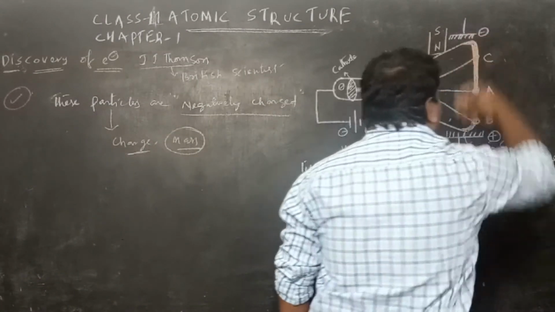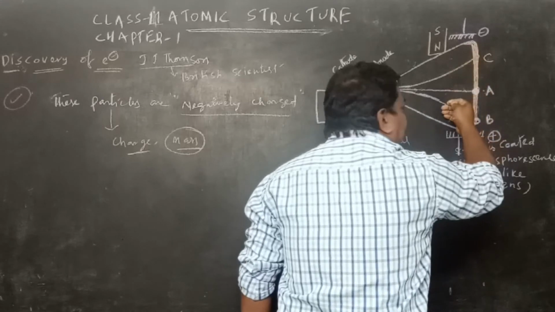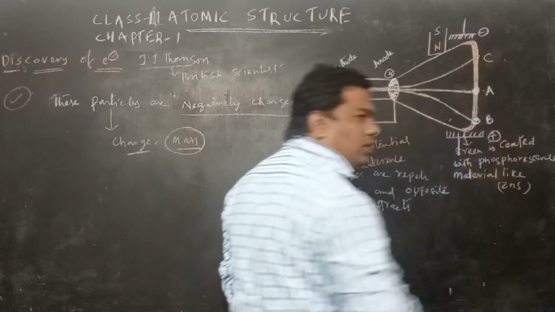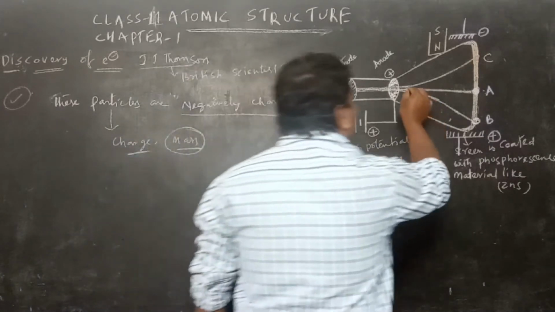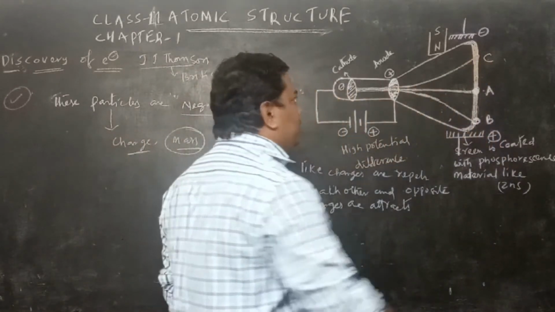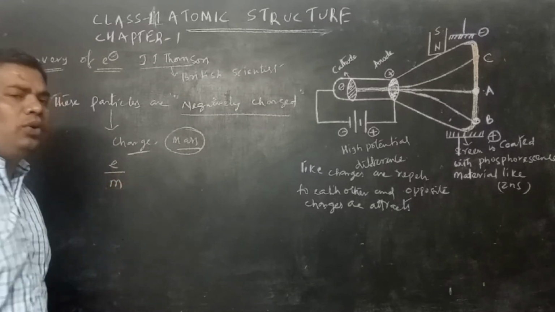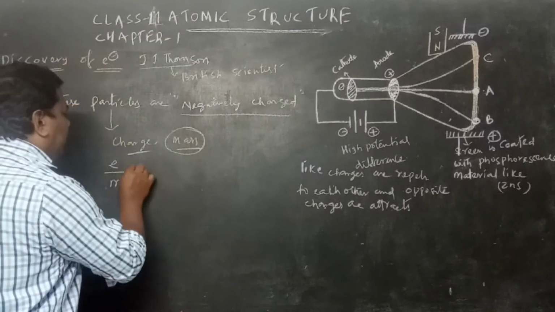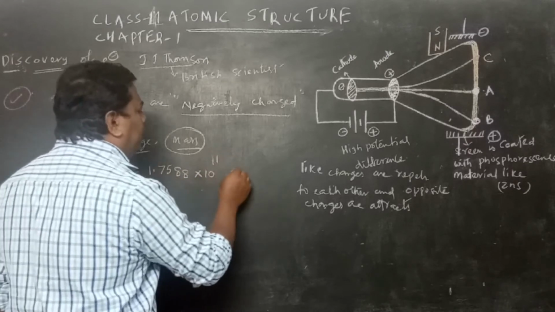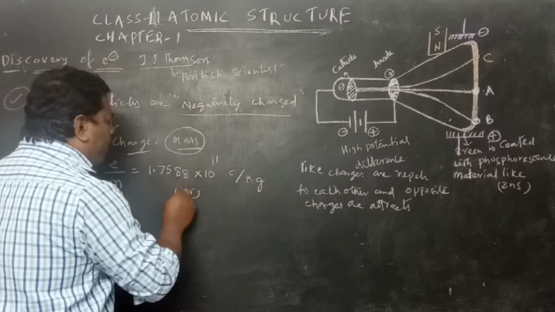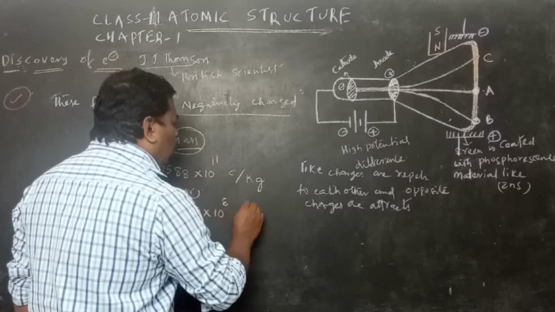After several experiments tuning the magnetic and electric fields, he brought the deflections back to the original line. At this point, he determined the charge to mass ratio of this negatively charged particle, which is 1.7588 × 10^11 coulomb per kg, or 1.7588 × 10^8 coulomb per gram.